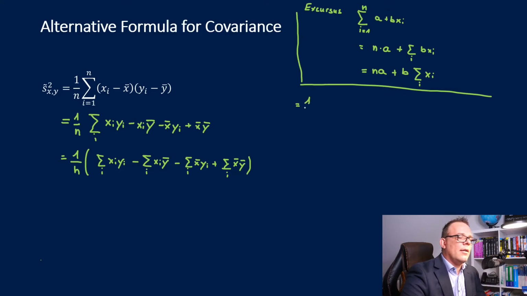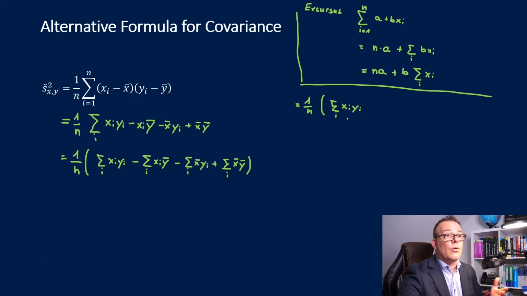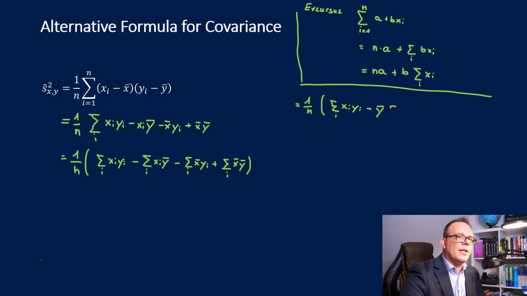So 1 divided by n, brackets, sum sign across all i. Here there's nothing to do: xi yi stays the same because both have an index. We can't take them out of the sum sign. But with the second term, we can take the y bar out of the sum sign because it is multiplicatively connected, and we keep xi inside.